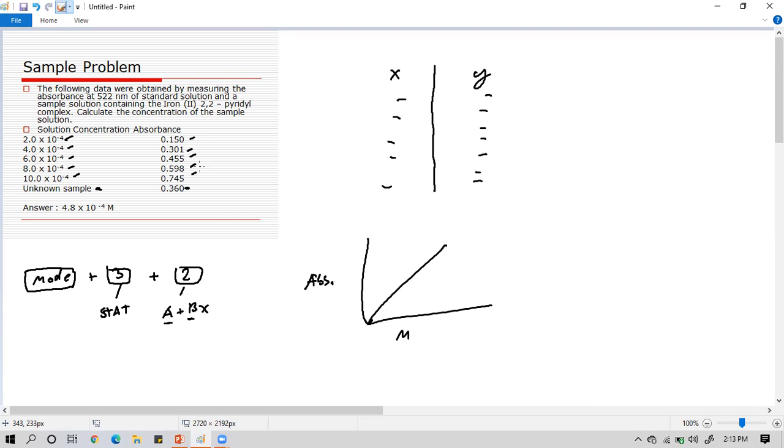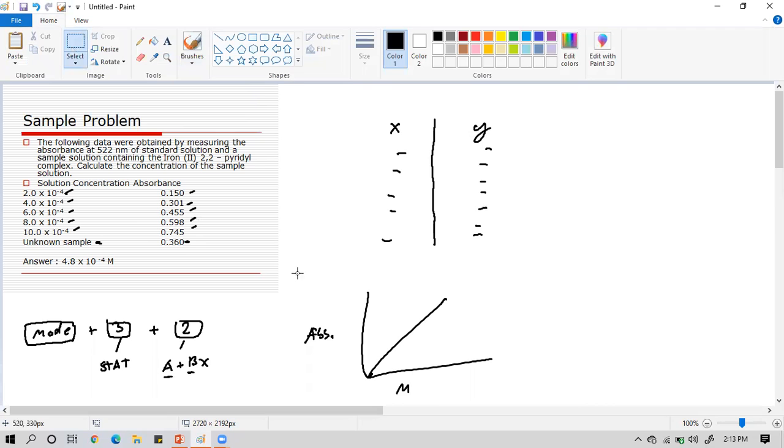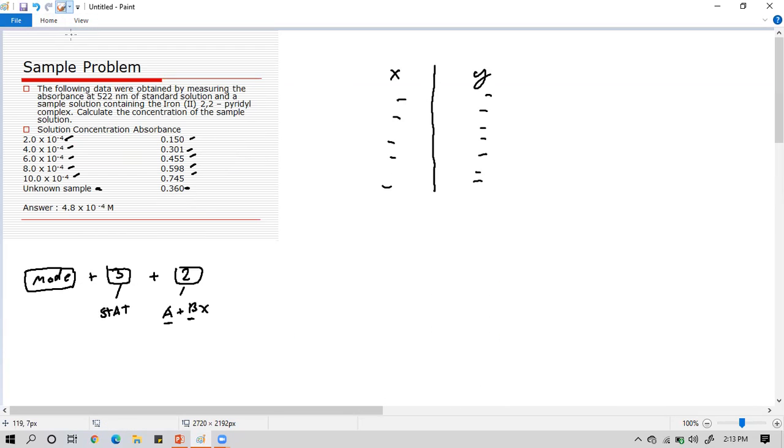And then after inputting the values here, ayan, suppose na na-input ko na itong mga to. Okay, then after nun, i-press niyo yung AC.